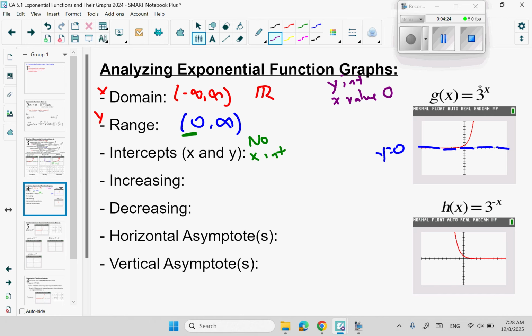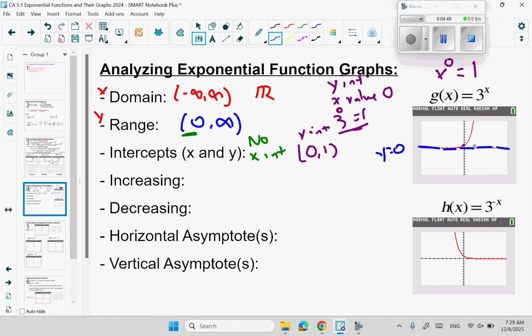So I can plug 0 into my equation, so 3 to the power of 0 would give me 1. In fact, this identity is really important. This idea that anything to the power of 0 gives me 1. So more often than not, my y-intercept is 0, 1, as we see right there.